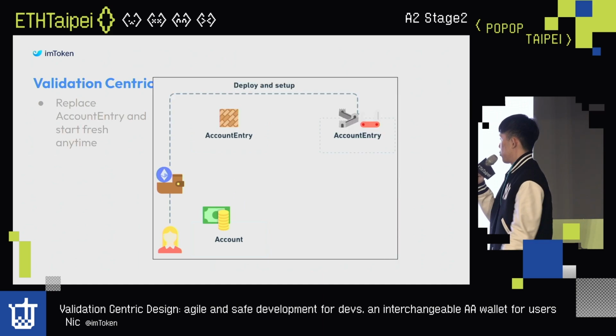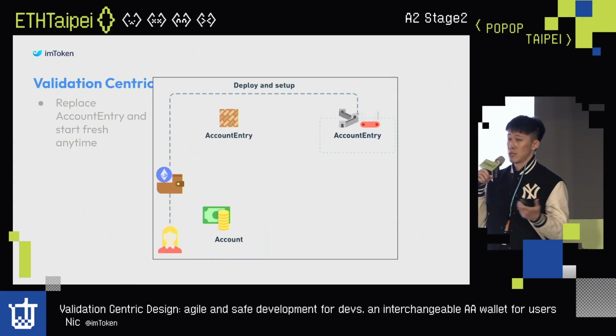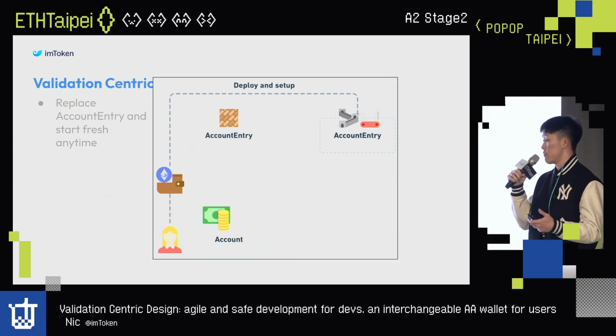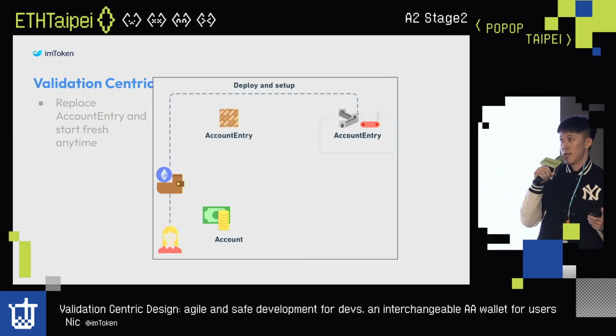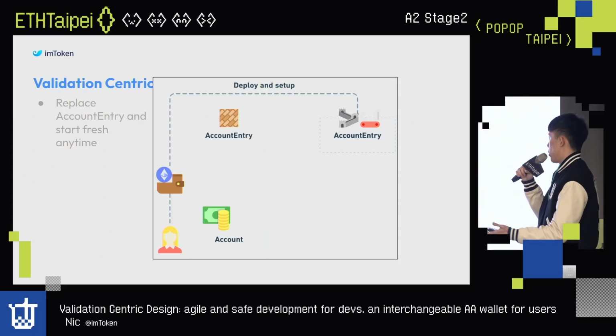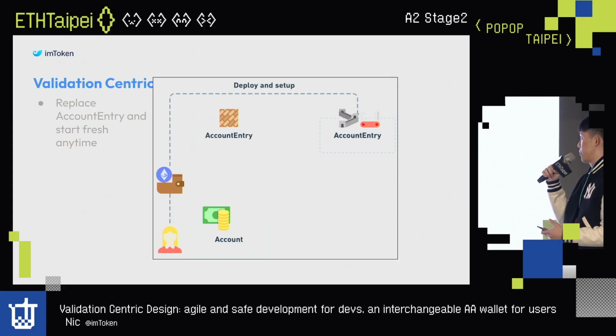So you can imagine that Alice can start with a very simple account entry contract with a security level like a brick wall. But later, maybe she wants more features, or she wants her account to be more secure. So what she can do is deploy a new account entry contract with a security level like a stone wall, and you can add so many features and turn it into a Swiss knife.